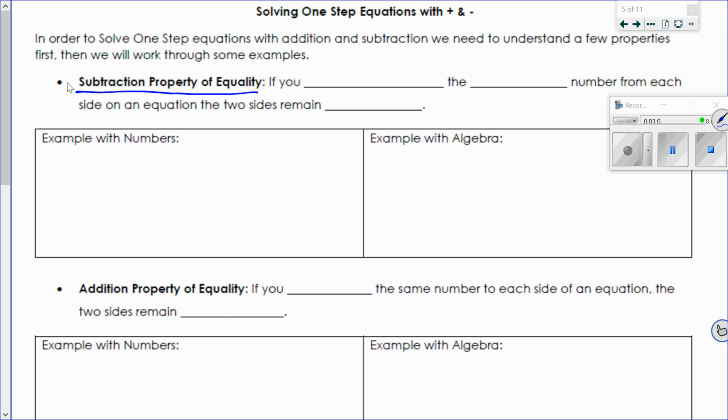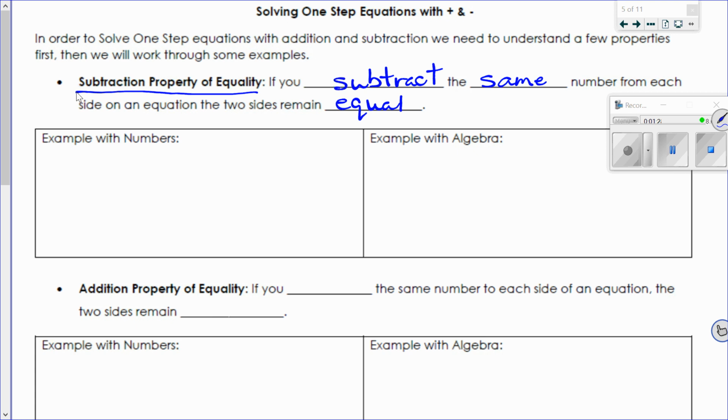What it's basically saying is, if you subtract the same number from each side of an equation, the two sides remain equal. Okay? So, subtraction property of equality.